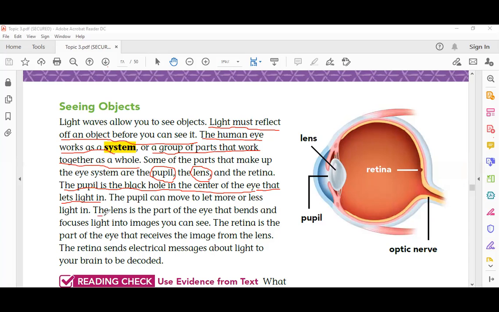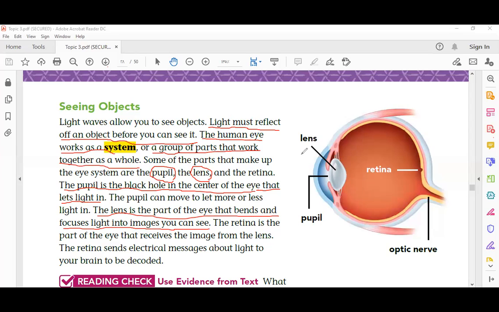The lens is the part of the eye that bends and focuses light into images you can see. So the lens here focuses the light and bends it when the light enters, so that you can see it. So the lens makes an image from the light.